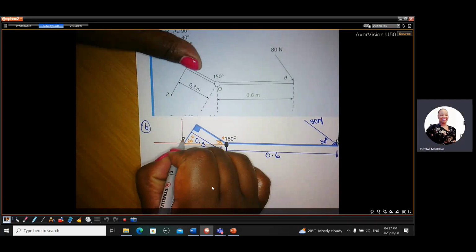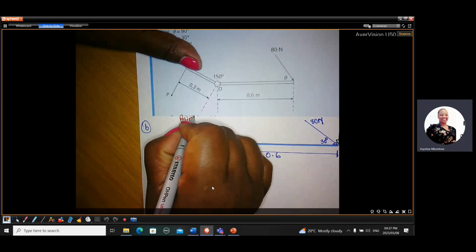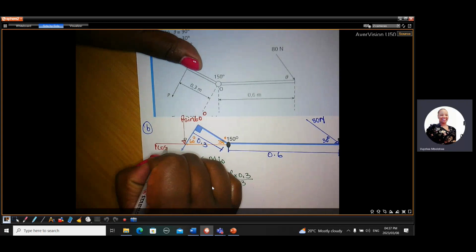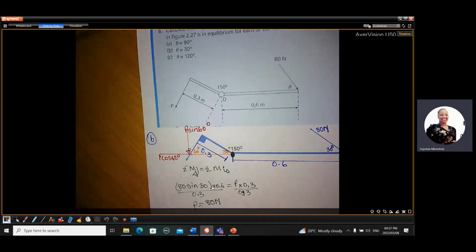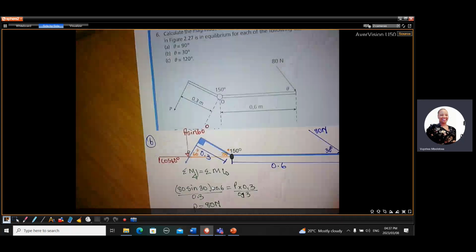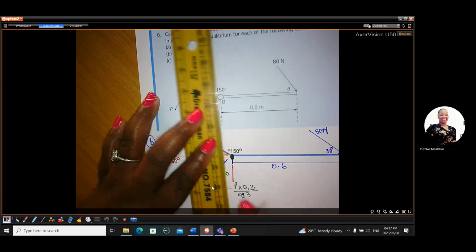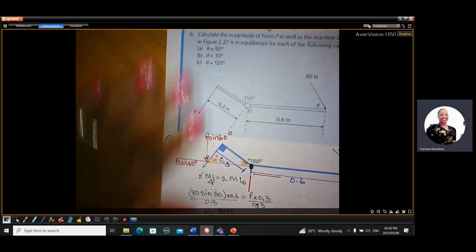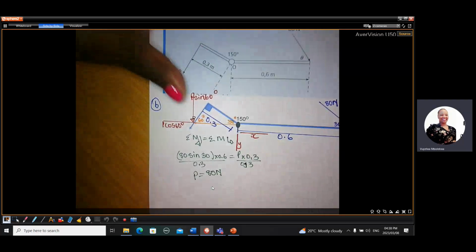This component is going to be P sine 60, and this component is P cos 60. So this is now to calculate the reaction at O. Again, we have a Y force here and an X force. We want to know what this Y force is and what that X force is.